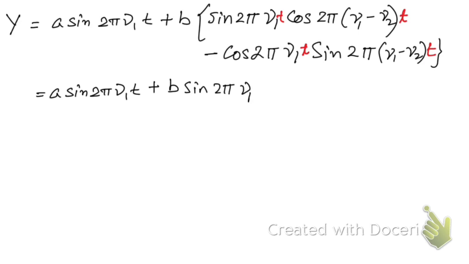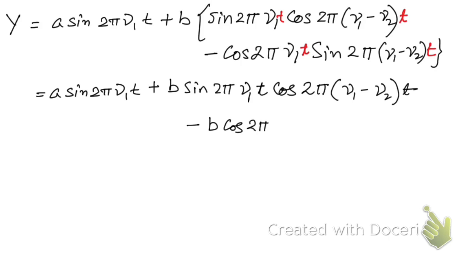So then what we have got: t, then cos 2 pi nu1 minus nu2 t, then minus b cos 2 pi nu1 t, then sin 2 pi nu1 minus nu2 into t, right? That's what we have got.